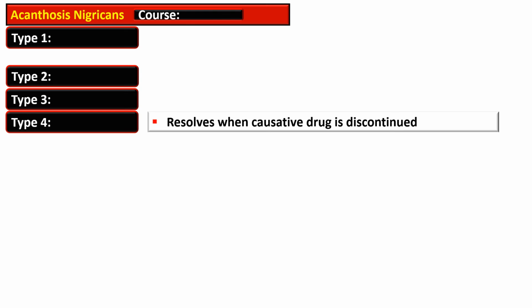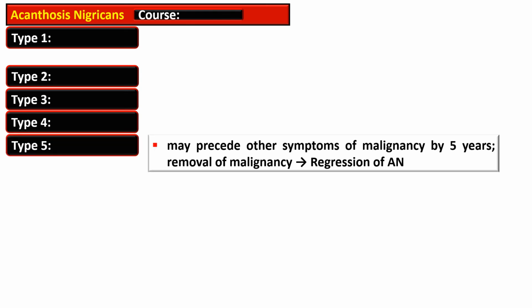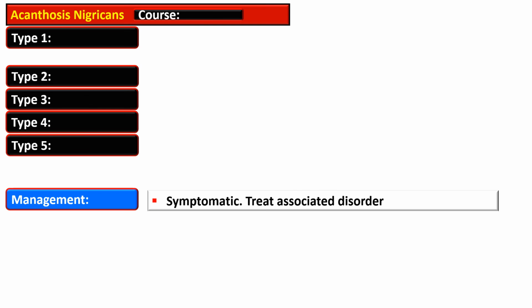Then type 4, that is drug associated, resolves when the causative drug is discontinued. And type 5 actually precedes other symptoms of malignancy for GI cancer by about 5 years. And after removal of the malignancy, there is a regression of the lesions of Acanthosis nigricans.